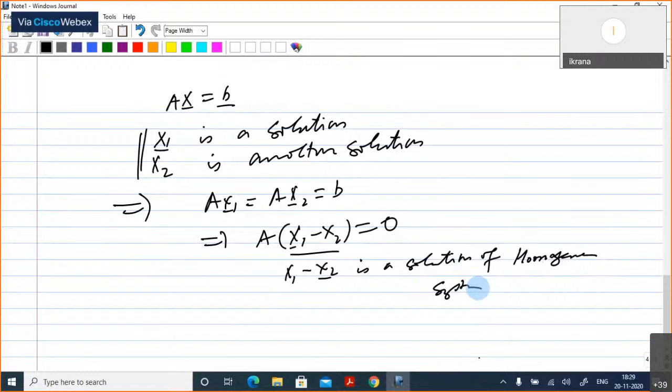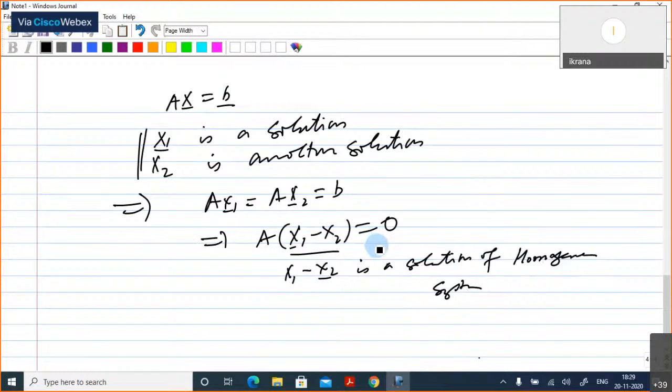Okay. So finding solutions of the non-homogeneous system is equivalent to finding all solutions of the homogeneous system, plus one particular solution.